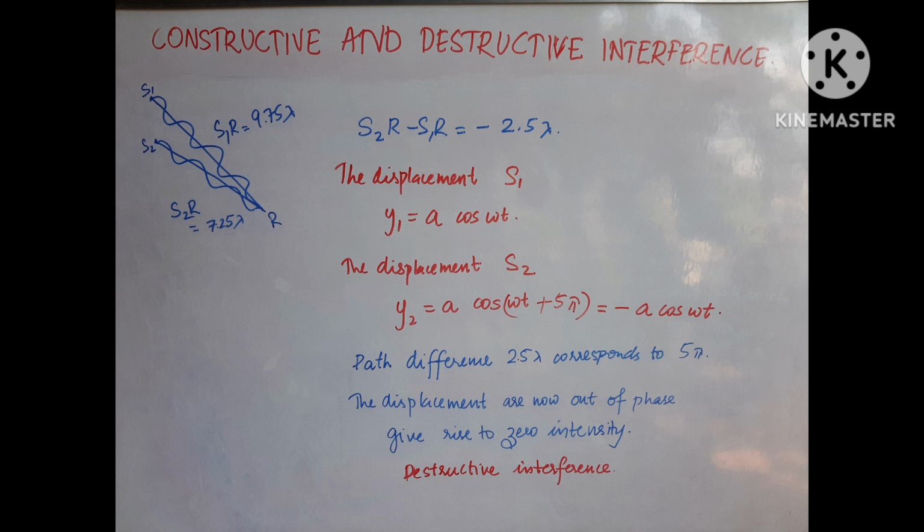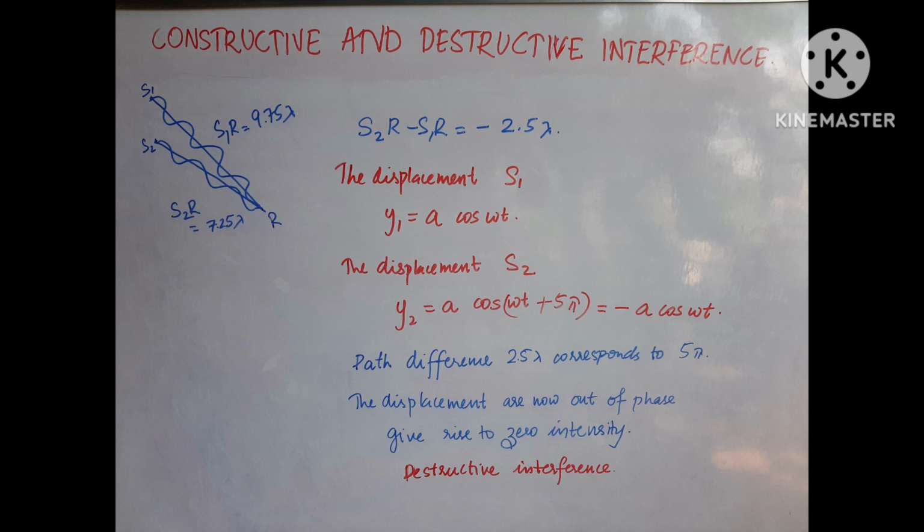Why is it 5 pi? When there is a lambda path difference, that corresponds to a 2 pi phase difference. When there is a 2 lambda path difference, this corresponds to 4 pi.